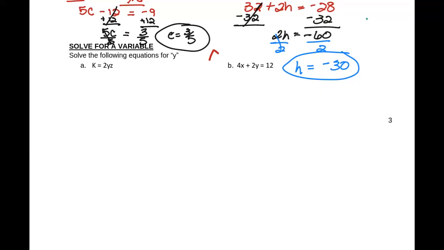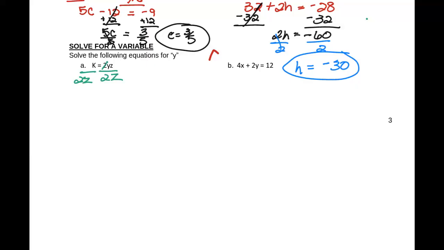So how do I undo that multiplication? Divide. Okay, we're only going to get through one more problem, but let's do this one last problem. So what would I divide by to get y by itself? I need to divide by both 2, and I need to divide by that z on both sides. Whatever you do to one side, you have to do to the other.